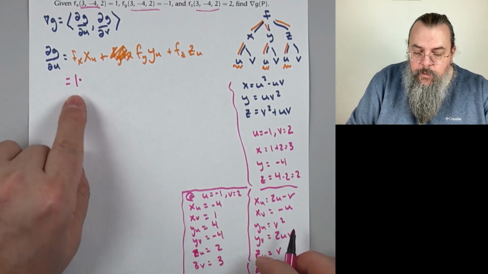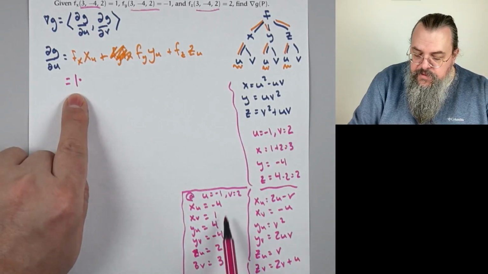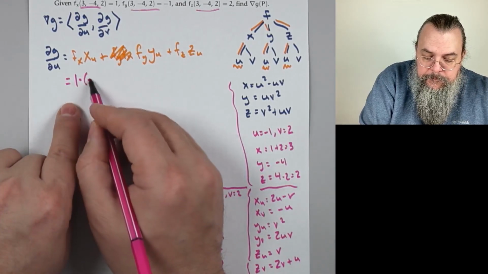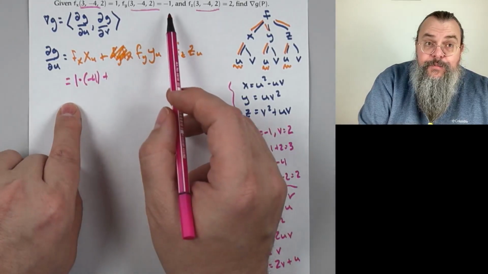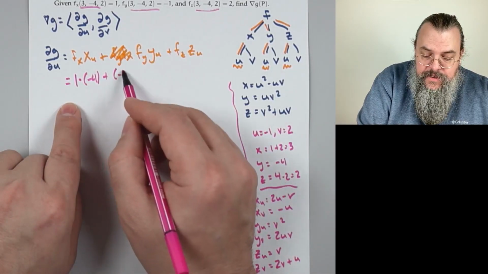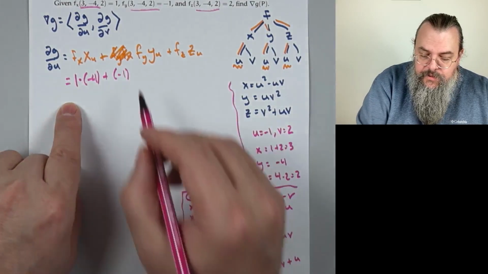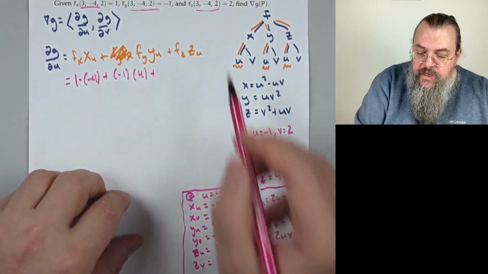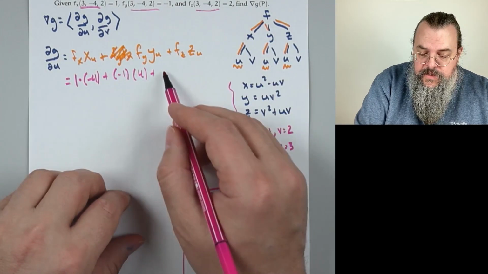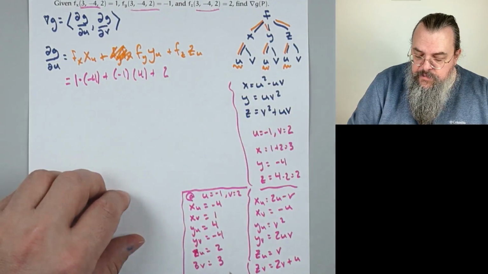Okay, so we have 1 times minus 4, plus f sub y, which is minus 1, times y sub u, which is 4, plus f sub z, which is 2, times z sub u, which is 2.